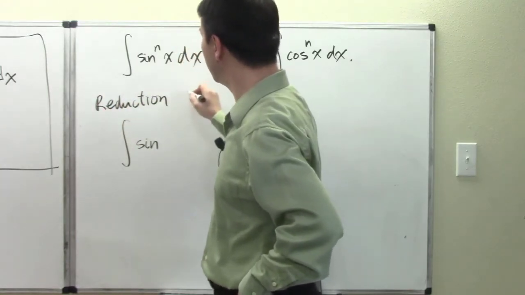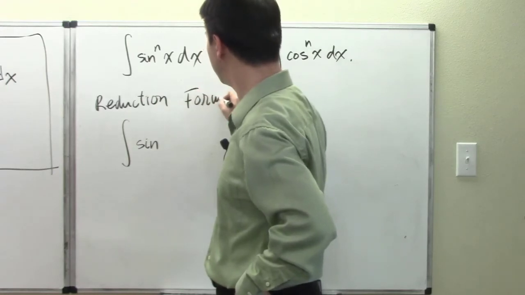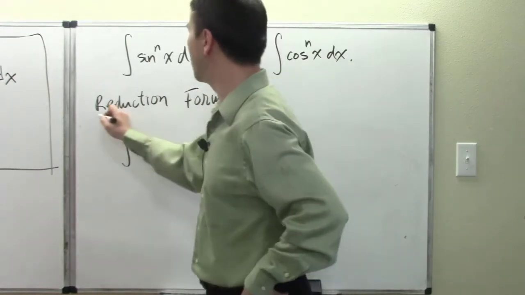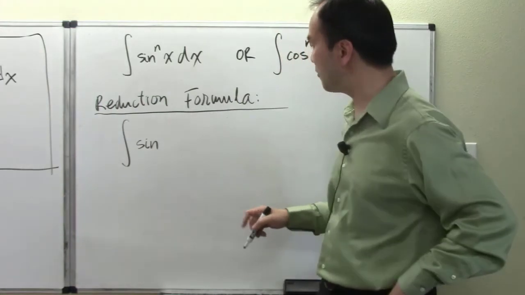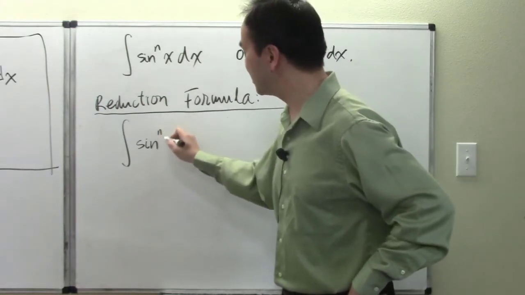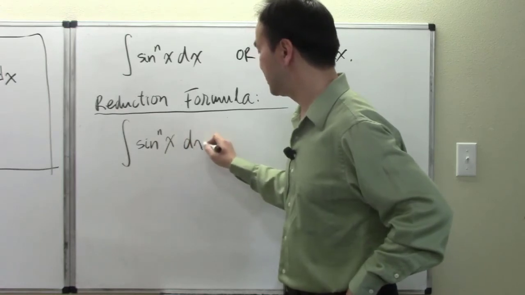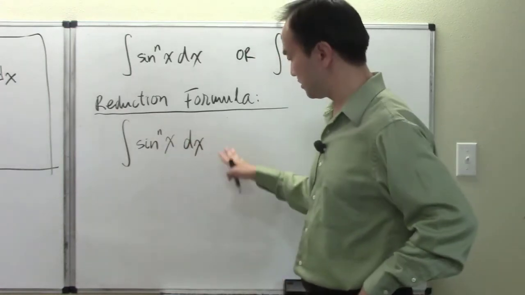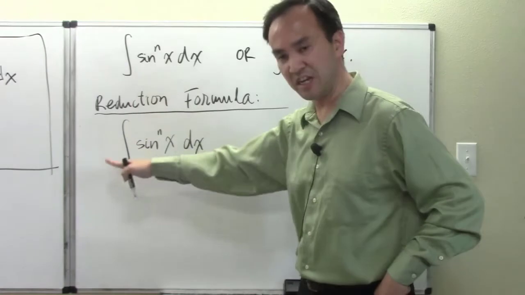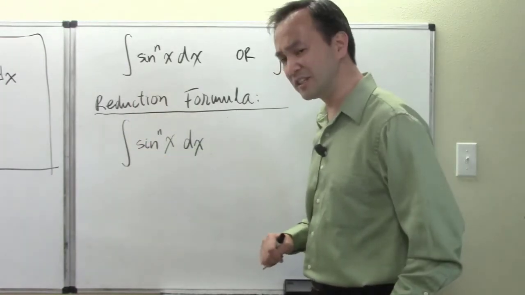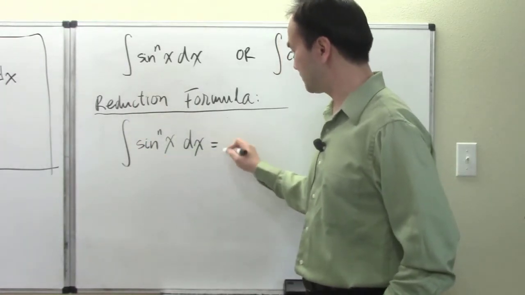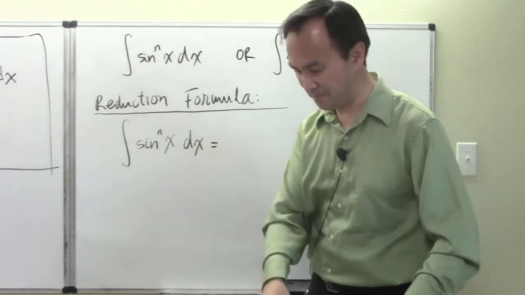Reduction formula, okay? So we had a reduction formula for the integral of sine to the power n of x dx. As I said, this formula should have been seen in some of the earlier video lectures.